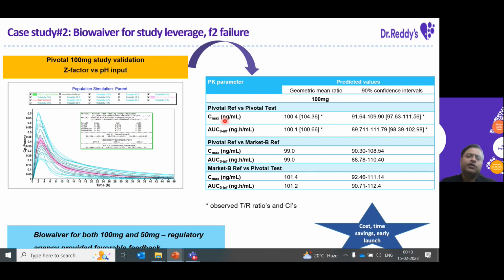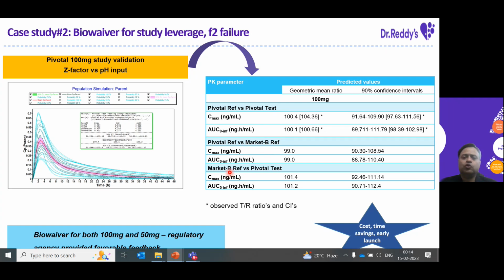Here, we validated the model. We can see that the values are pretty much comparable between the observed and the predicted values obtained in the pivotal study for market A. And then we compared the pivotal reference used for market A versus the market B reference.